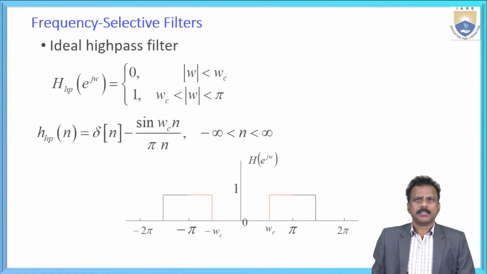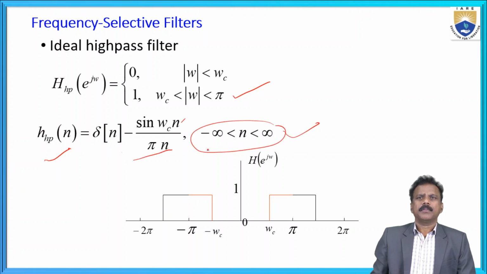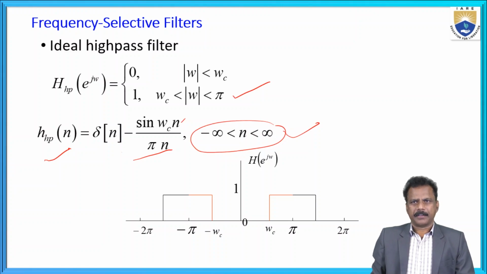Next, frequency selective filters: the ideal high pass filter. H_HP of e power j omega is 0 for mod omega less than omega c, and 1 for omega c less than mod omega less than pi. The ideal high pass filter h of n is equal to delta of n minus sin omega c n by pi n, in the interval minus infinity less than n less than infinity.